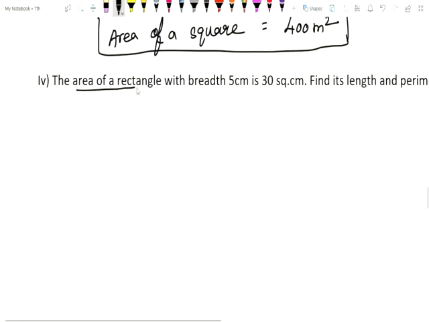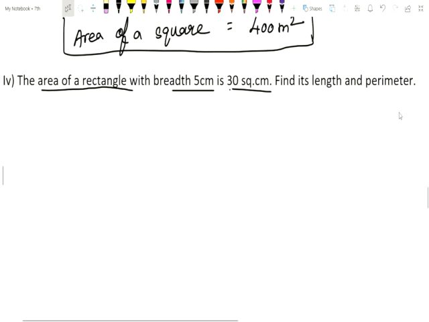The area of a rectangle with breadth 5 centimeter is 30 square centimeter. We need to find its length and perimeter.